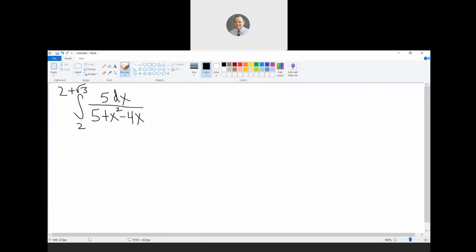U substitution would get us nowhere because the derivative of x squared is 2x, and there's not an x in the numerator. So we probably have to do another algebraic manipulation.